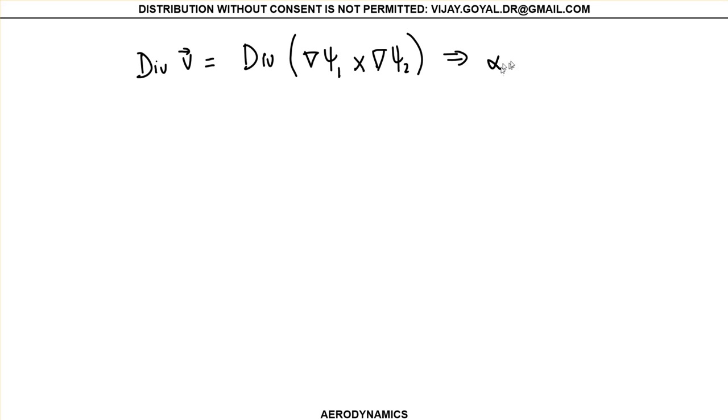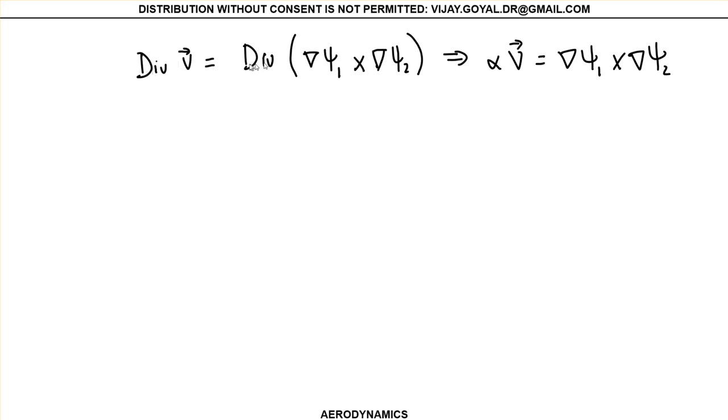what you're going to have is that the divergence of V, that's nothing else than the divergence of the gradient of psi 1 cross product the gradient of psi 2. It's actually going to give you alpha times the gradient of psi 1 cross product the gradient of psi 2.